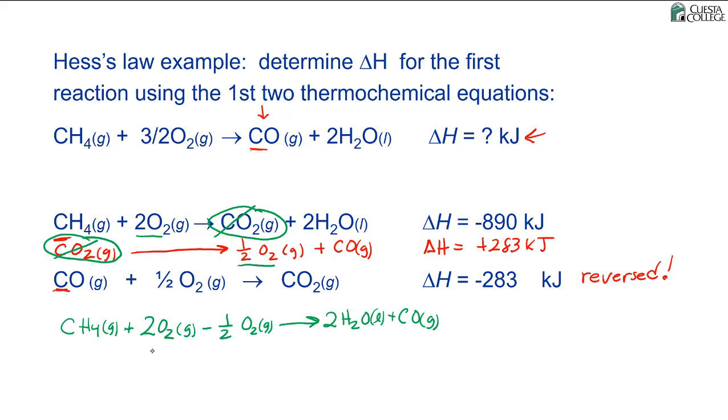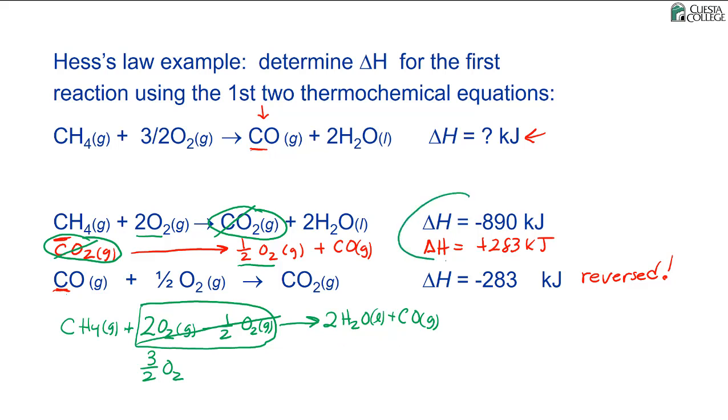So there's the new reaction with the CO2 canceled out. There's still 2 O2s and the minus 1/2 O2 that I took away from the product side to reduce that to 0. We can combine these two terms for the O2, and that would leave 3/2 O2. Now this chemical equation looks just like the target equation, where CH4 combines with 3/2 O2 to make 2 H2O liquid and 1 CO gas.